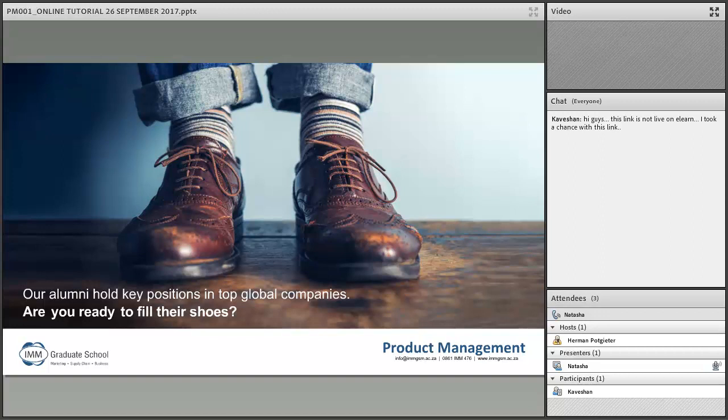Kavishan, I see that you have posted a question to say that the link is not live on eLearn. Genevieve is busy typing a response for you. If you can just confirm with us as soon as she has given you a response on whether it is active or not.